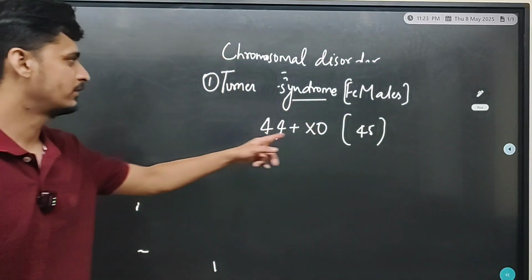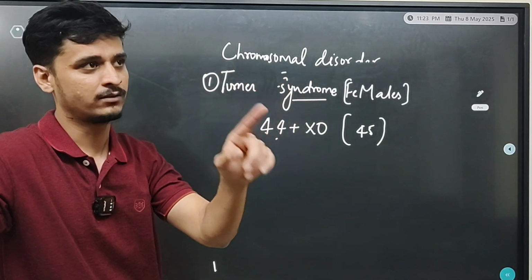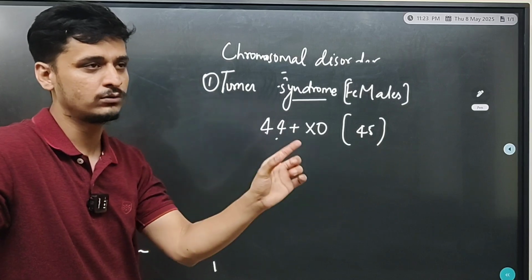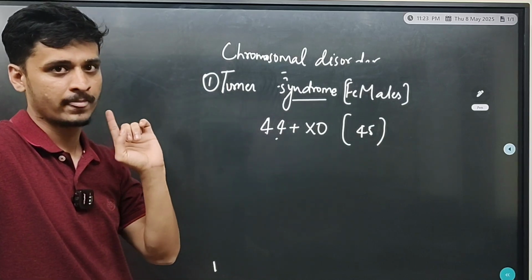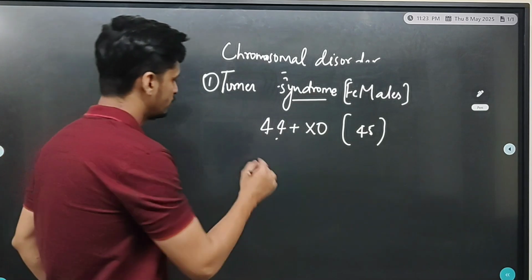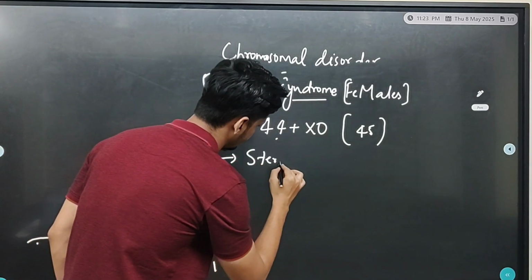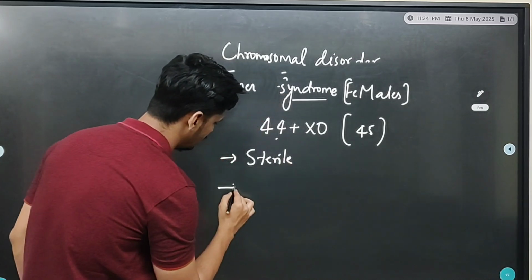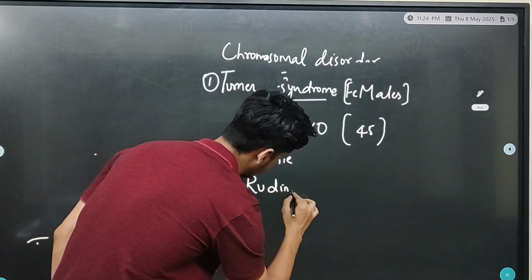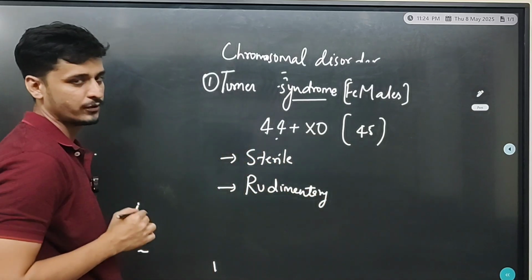In Klinefelter, 44 plus XXY means a total of 47 chromosomes. In Turner syndrome the symptoms are sterile female and rudimentary ovaries, which means the ovaries will not produce eggs.